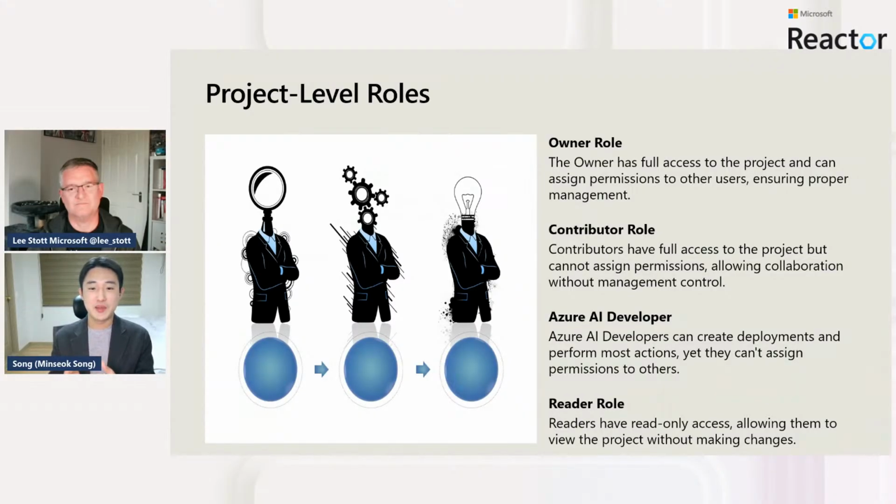The contributor can build and deploy things, but again, they can't change access settings. The Azure AI developer is a specialized role. They can deploy models and manage configurations, but they don't have any permission management rights. And finally, the reader, just like before, is limited to read-only access, which is perfect for stakeholders or reviewers.